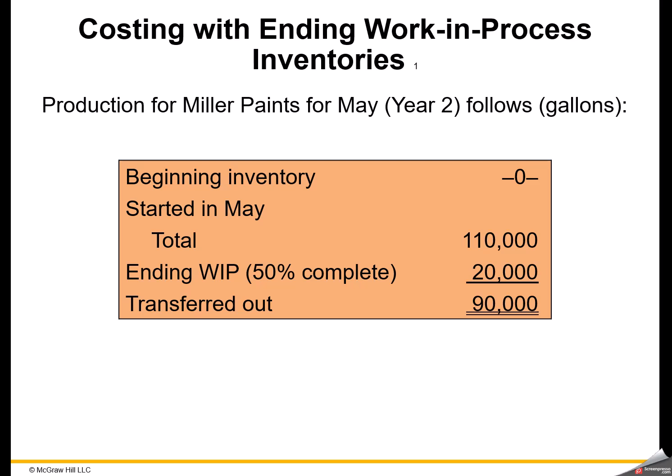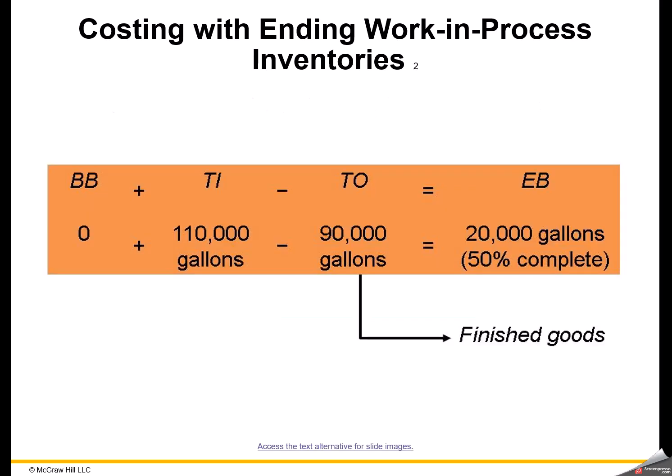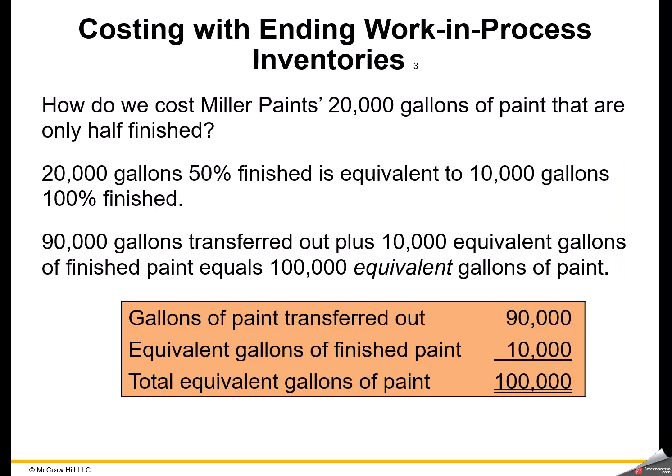Now it's year 2, and we have some left in our ending inventory. So 90,000 are transferred out, but we started 110,000 units, and we have 20,000 left, and they are 50% complete. We transferred out 90,000 gallons, so that leaves the 20,000 gallons 50% complete.